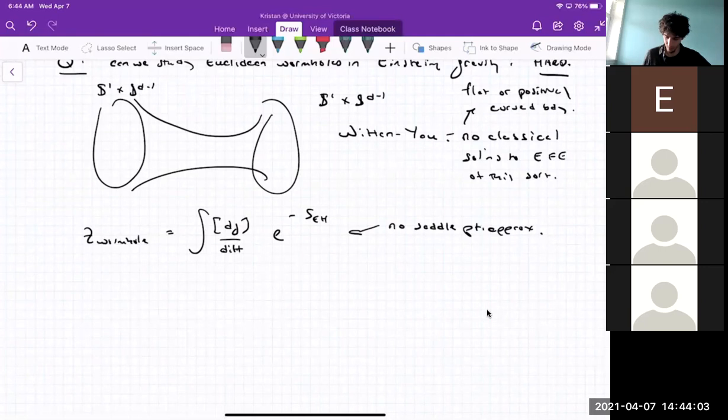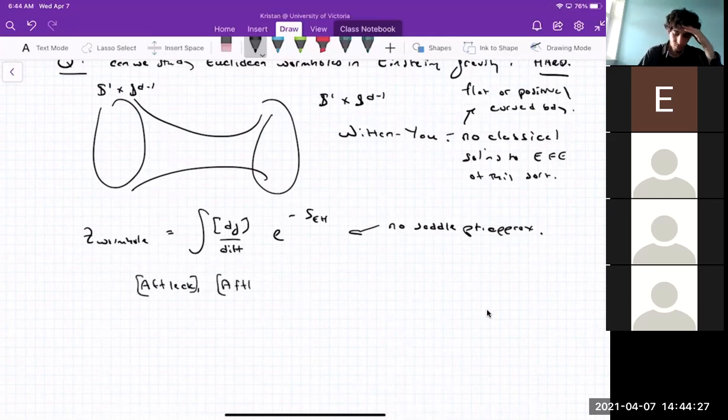Okay, so there's no saddle point approximation for these things, and you might at that point understandably give up. But actually, there are settings in field theory where you run into similar problems, and you don't have to give up. In particular, there's this literature dating back to the early 80s due to Affleck, and for instance, Affleck, Dine, and Seiberg, about instantons in four-dimensional Yang-Mills in a Higgs phase.